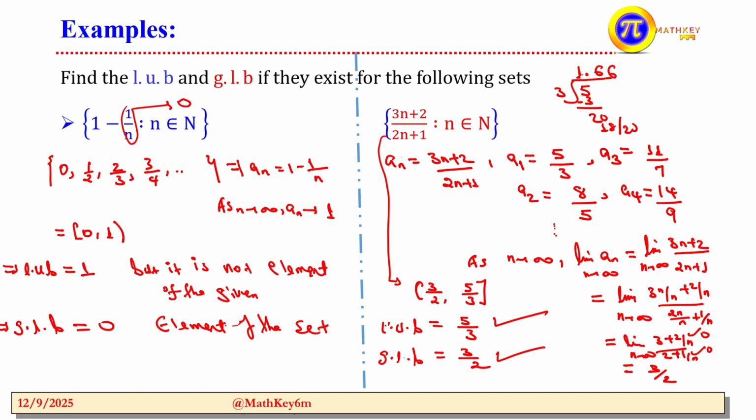If it is increasing, you try to determine the first and the last one as n goes to positive infinity. Similarly, if it is decreasing, you have to take some of the first terms and take the limit as n goes to infinity, to see what the sequence looks like. After that, you try to determine the GLB as well as the LUB of the given set.